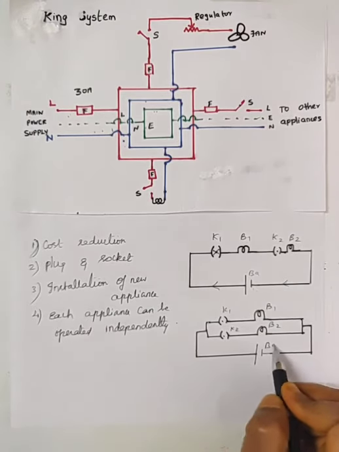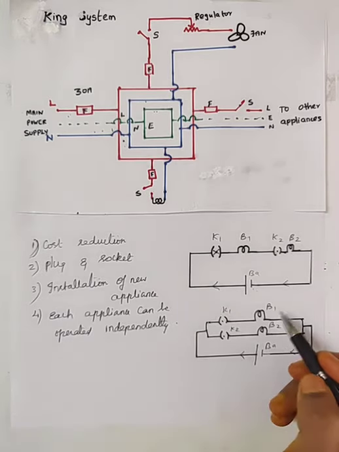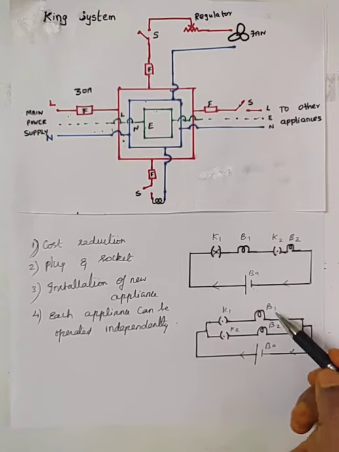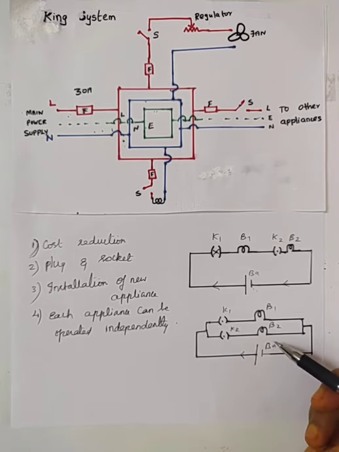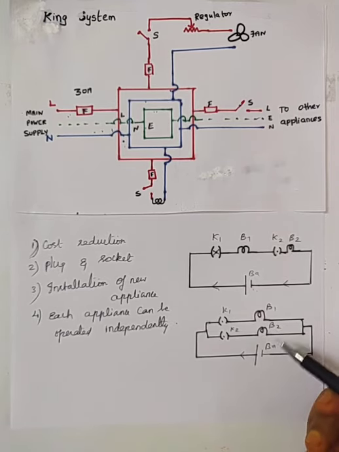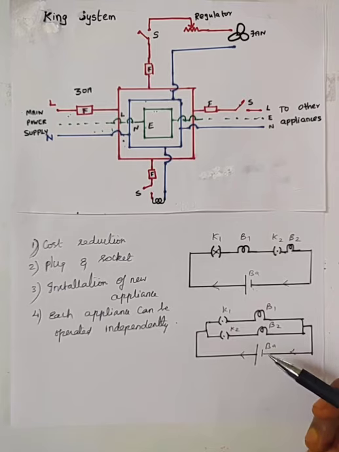So in this condition, the bulb B2 will glow when B1 is switched off or fused. In the parallel connection, both bulbs can be operated, or if the bulb B1 blows off, B2 will continue to glow. That is, each appliance can be operated independently in parallel connection. If one bulb fuses off, it will not affect the working of the other bulb. This is the main advantage of the parallel connection.